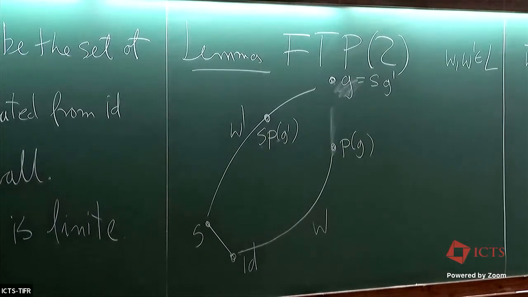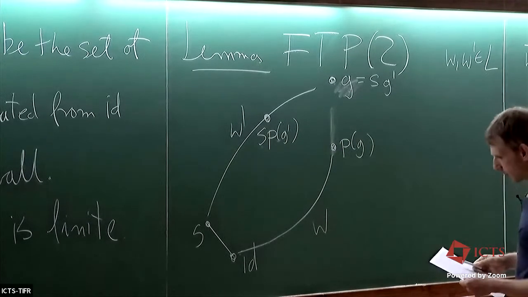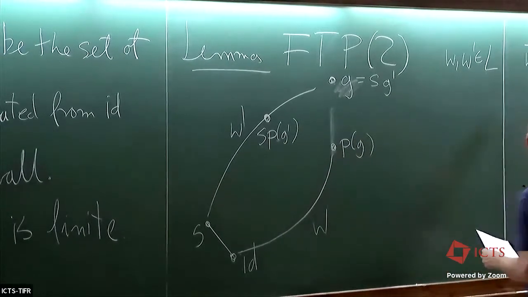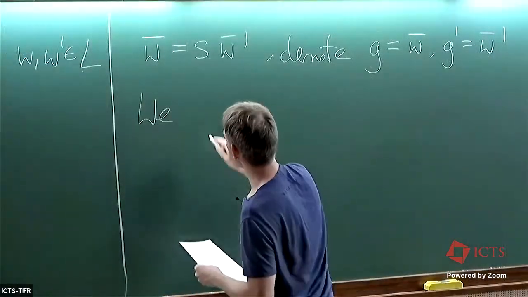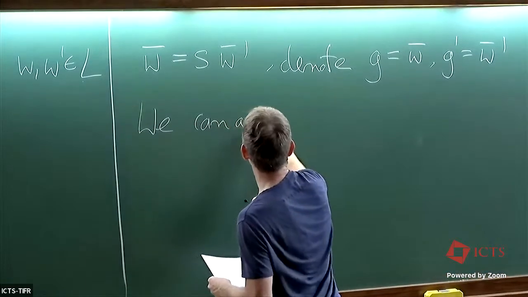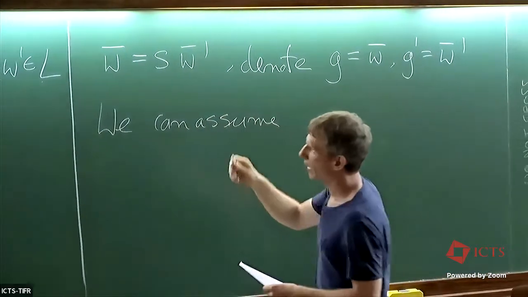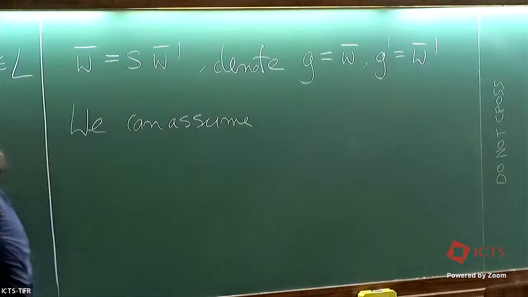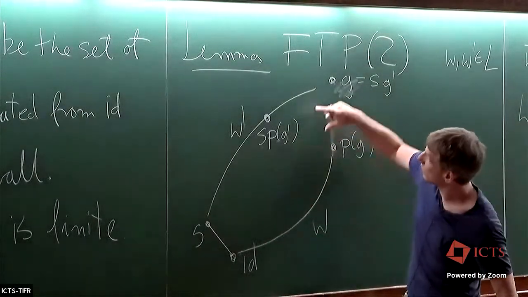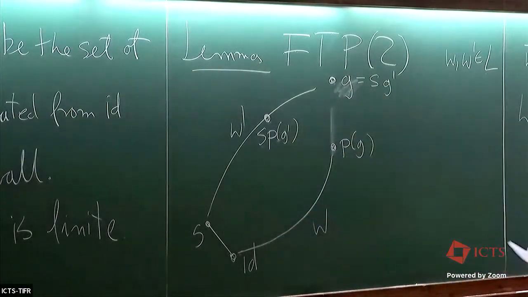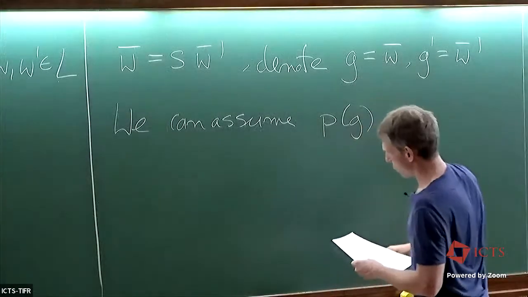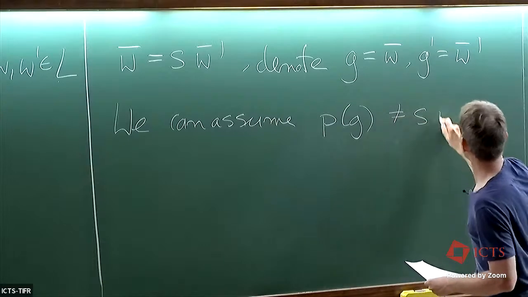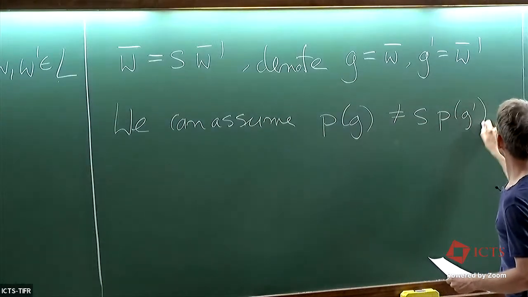While there is no difference, these definitions coincide. And the claim is that we can look at the place where these two paths, starting from G, going towards S and identity, split, where these projections are different. So we can assume that the projection of G is different from S times the projection of G prime.